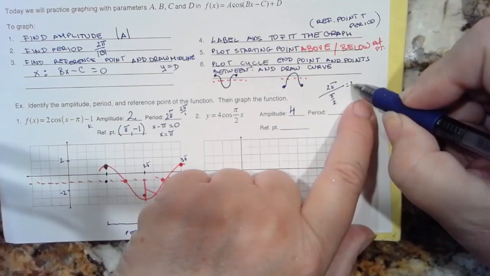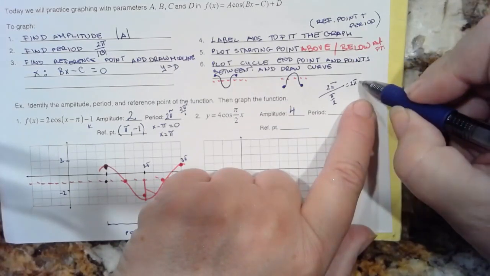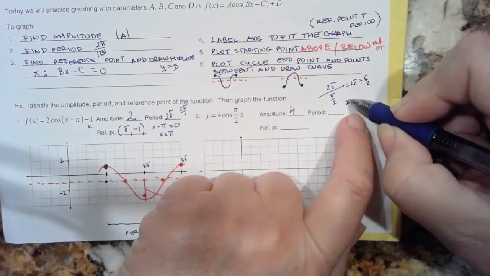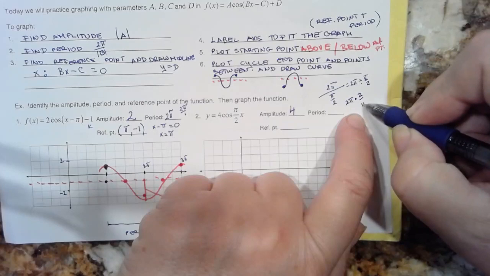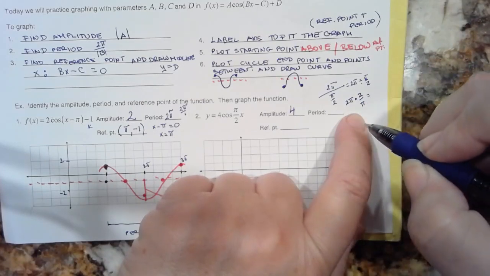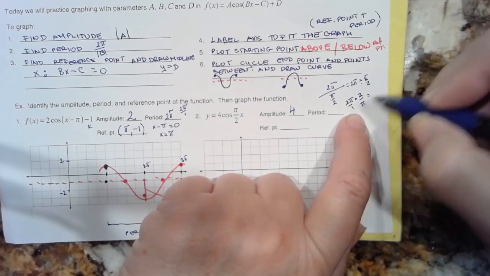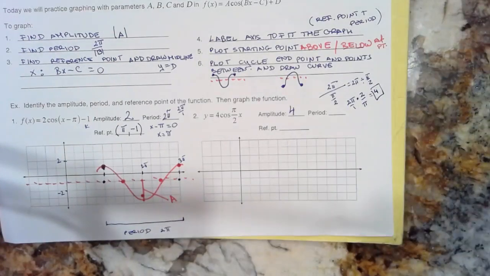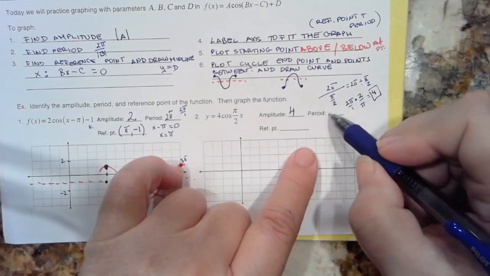So it's 2 pi divided by pi over 2, which is 2 pi times 2 over pi, which is equal to 4, because the pi's cancel. So my period is just 4.